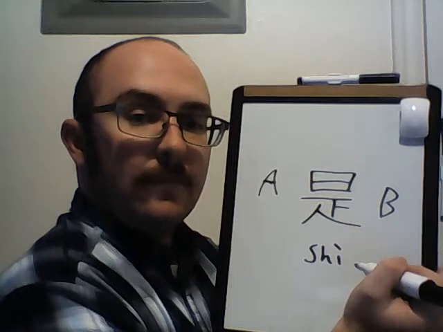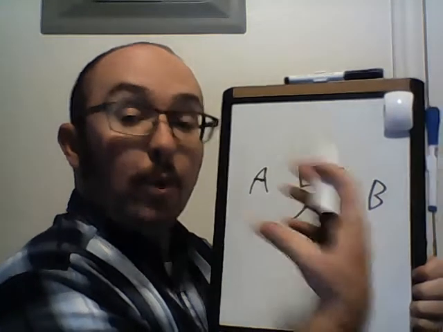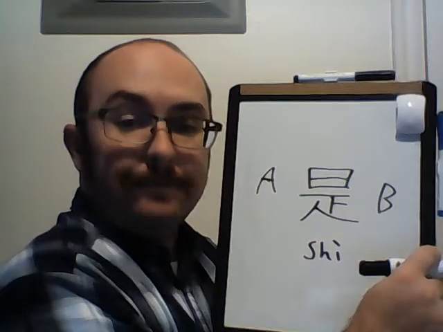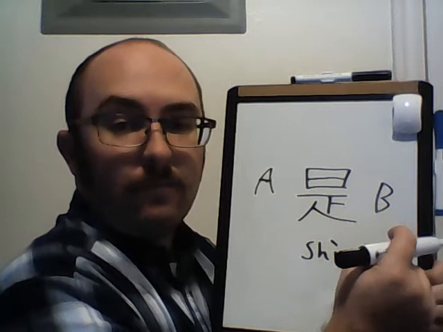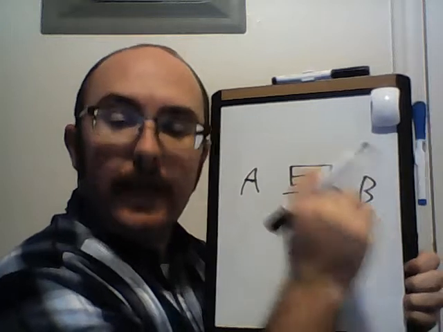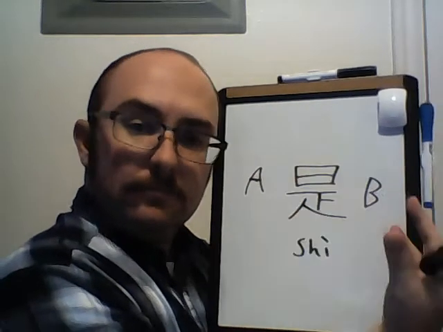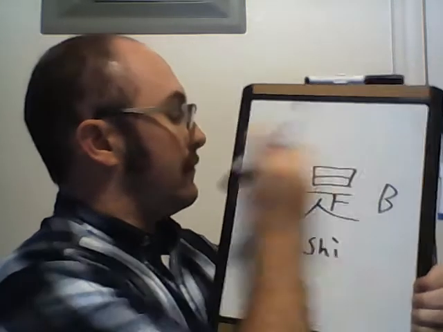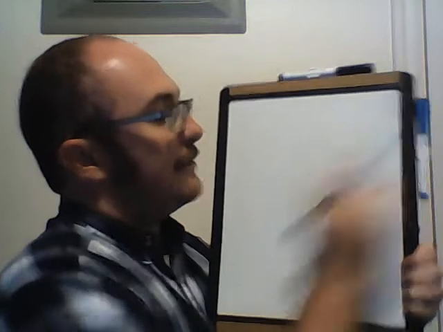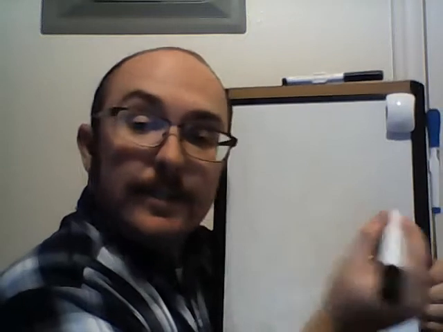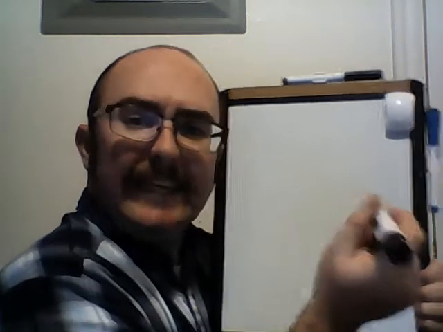是. 我是老师. I am teacher. 我是人. I am a person. And actually, you can use that to also mean like, really?